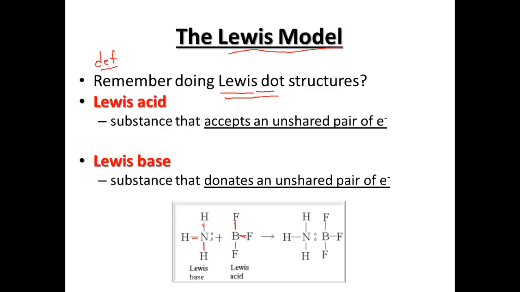BF3 has no lone pairs around that boron. So the boron accepts an unshared pair of electrons. The Lewis base is the substance that donates the unshared pair. As it donates for sharing, it becomes our Lewis base, versus the Lewis acid. Just need to know the definition of this one.